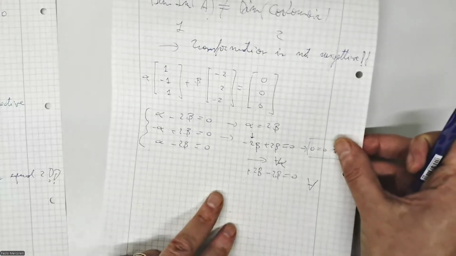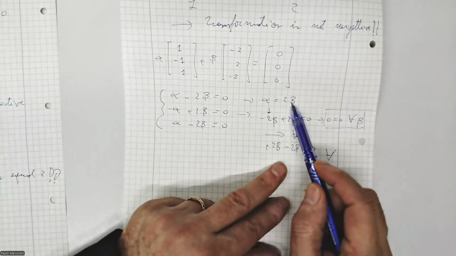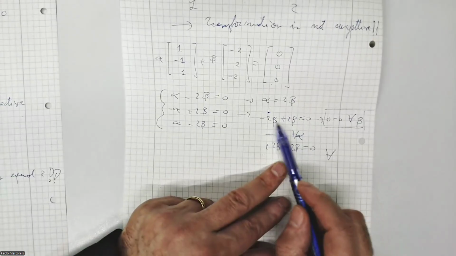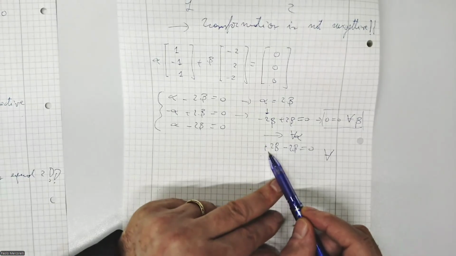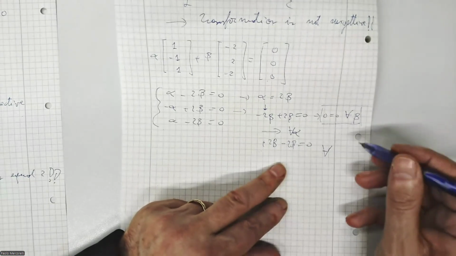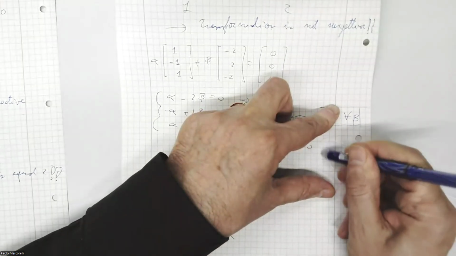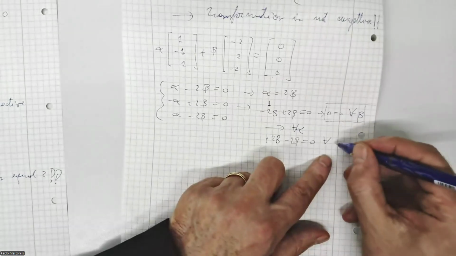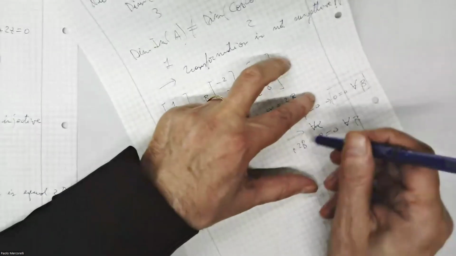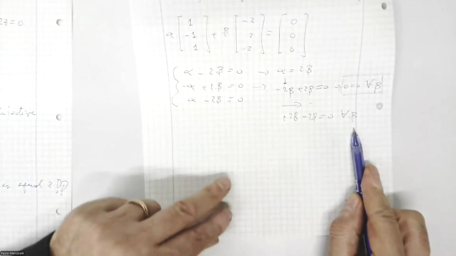No, this seems to be right, no? 0. Again for each beta, no? Yeah, again for each beta, no?